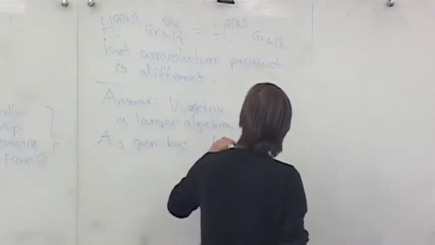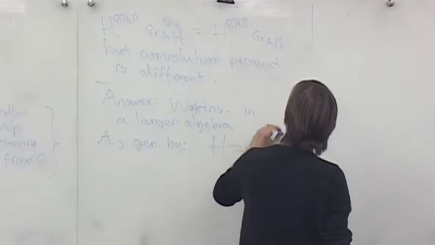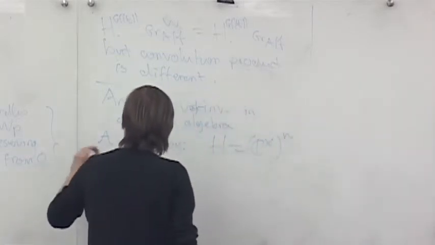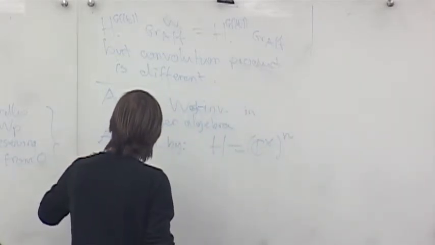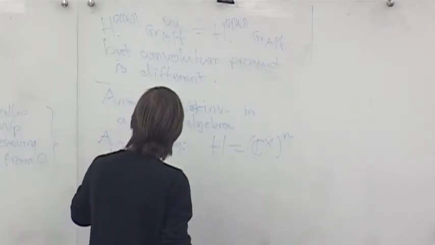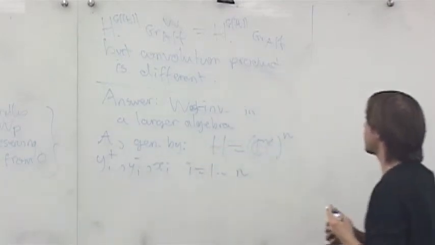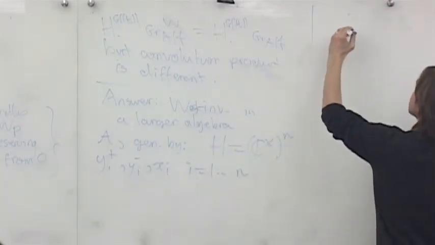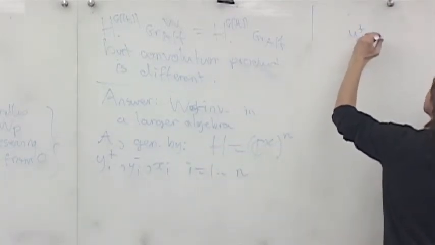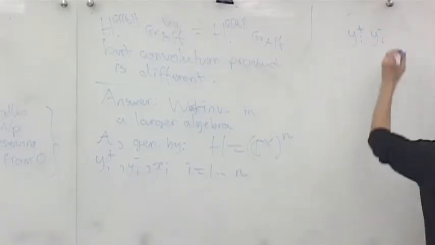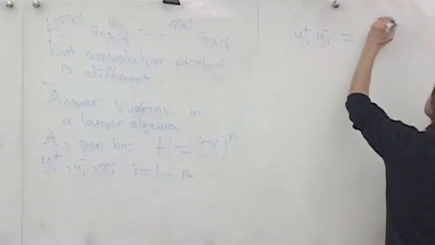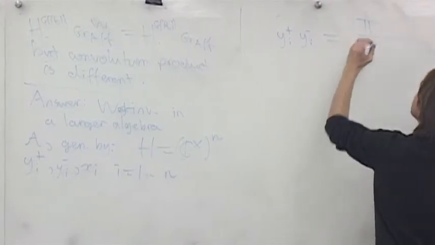Suppose you write H equals C star to the n. So it's generated by yi plus, yi minus, xi from i equals 1, and the relation is that yi plus yi minus is equal to a product over a quotient.